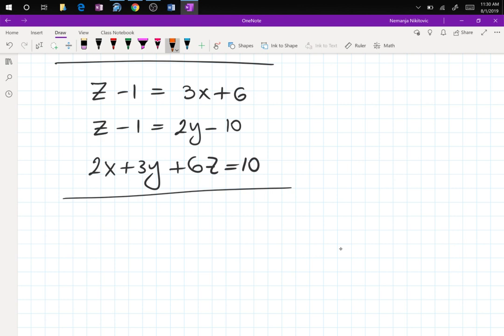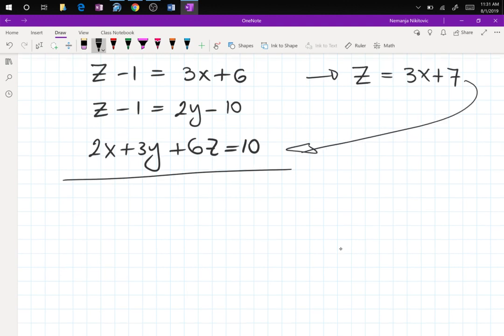So that's going to make this into an equation. Now, you have the z in the third equation here, and you need to eliminate that z. You can do that from here, because z is equal to 3x plus 7, and that's going to go into this equation here.